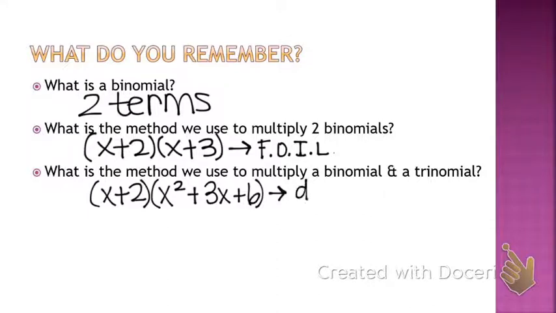The distributive property. We already knew the distributive property, but we learned we had to distribute. So we had to do x times all three terms behind it, and the 2 times all three terms behind it. The reason I'm reiterating is because we're going to practice some more tomorrow, but also, the shortcuts that you're about to learn are not going to work unless you are multiplying two binomials.